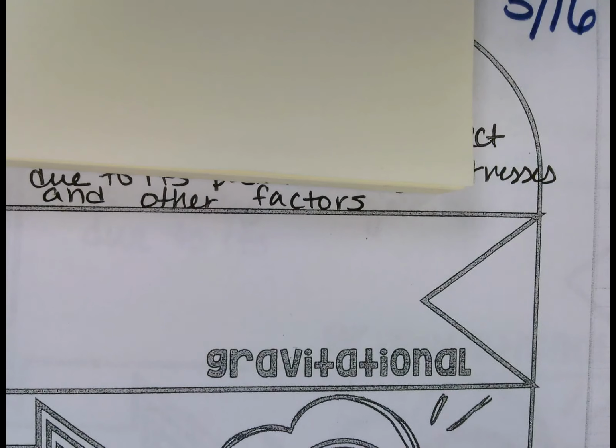Okay. So it says the energy stored in an object due to its position, charge, stresses, and other factors. That is the definition for potential energy.